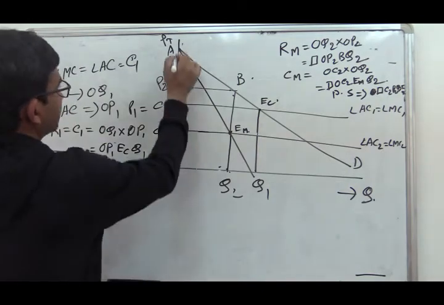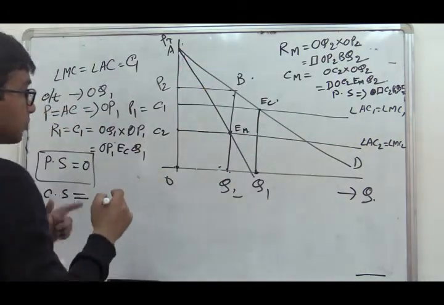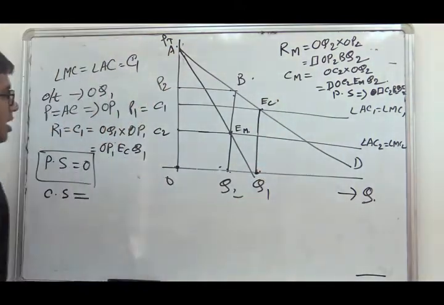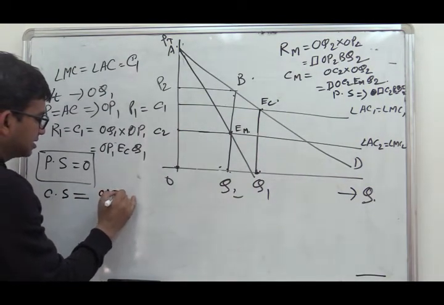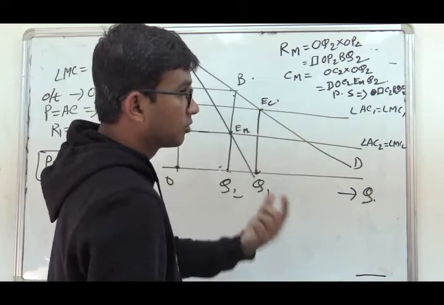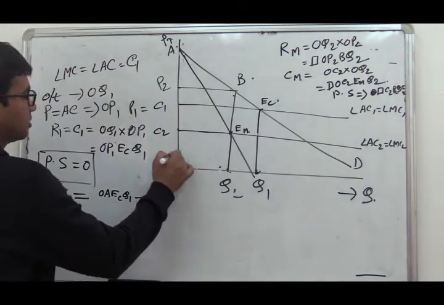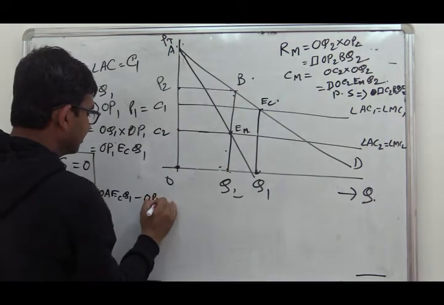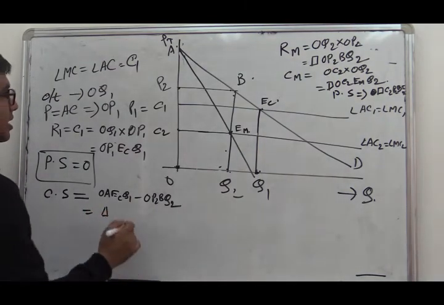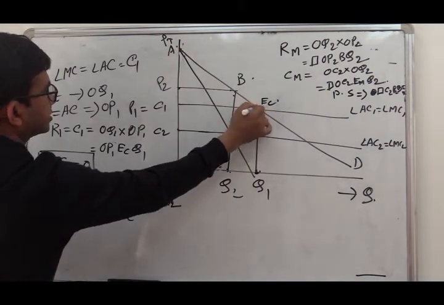If this is the demand curve, with OQ1 the level of output, the willingness to pay of the consumer will be represented by the area OAECQ1, minus the total revenue under perfect competition, or in other words the total expenditure of the consumers, OC1EQ1. So consumer surplus will be represented by the area of the triangle AECC1.